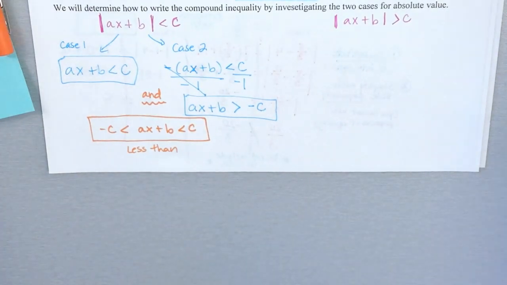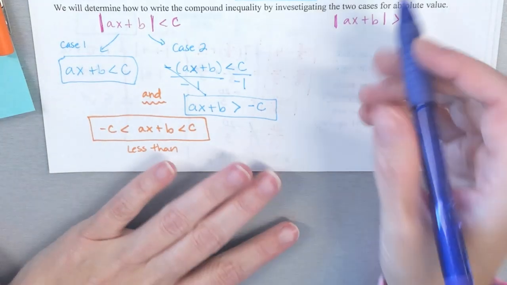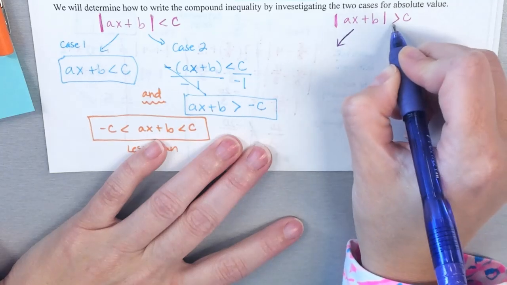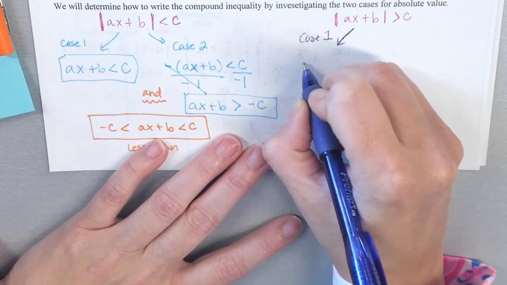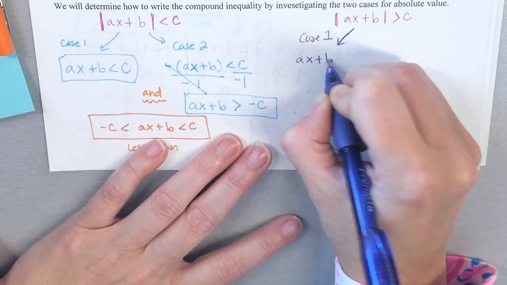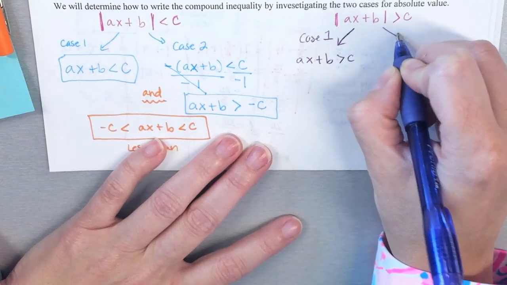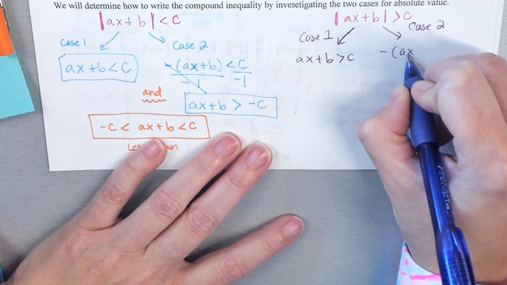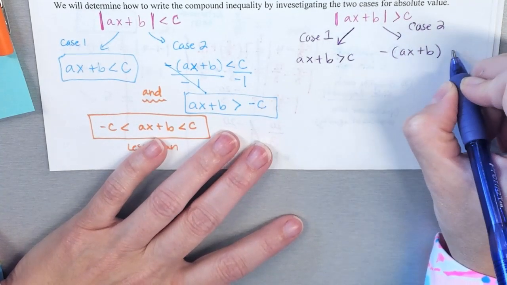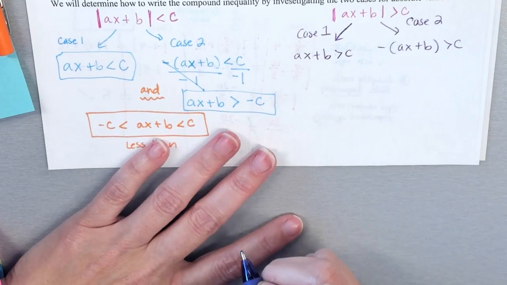Now we're going to set up the second one in a very similar way, except this time we have a different symbol. So our case 1 is still whatever is inside there could be positive. And case 2 is whatever is inside could be negative.